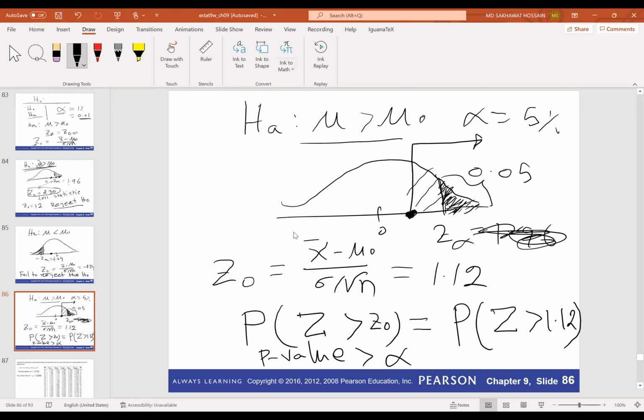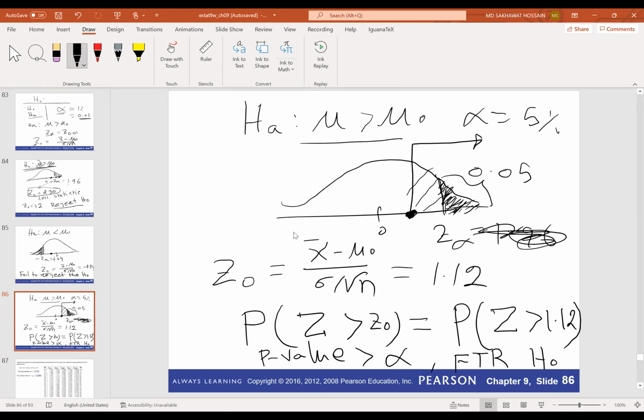So we fail to reject the null. FTR means fail to reject. So if the p-value is greater than alpha, we fail to reject the null.